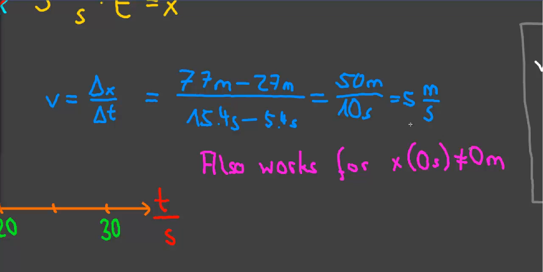The answer is pretty simple: when we use this formula, we can only calculate differences in space or differences in time. So if we have a velocity of 5 meters per second and a time difference of 10 seconds, the velocity 5 meters per second times the time difference of 10 seconds is going to be 50 meters.